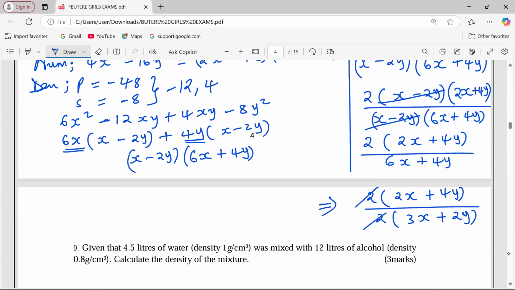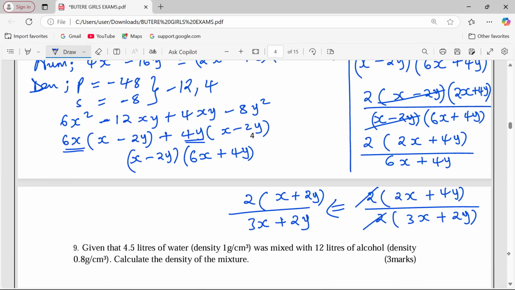Allow me to move to the left-hand side of this working space. Now, moving to this side, from the numerator, we can factorize again a 2 there. x plus 2y, divide by, from the denominator, 3x plus 2y.